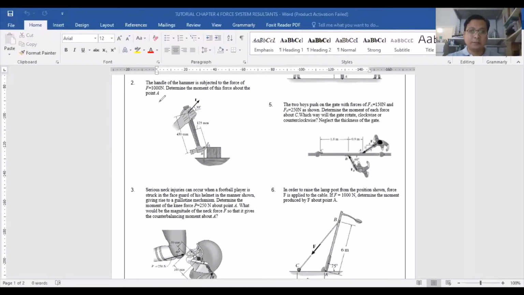As usual, before we answer the question, we should create the FBD first. Okay, for this FBD, know first which one is the body. So the body is the hammer.